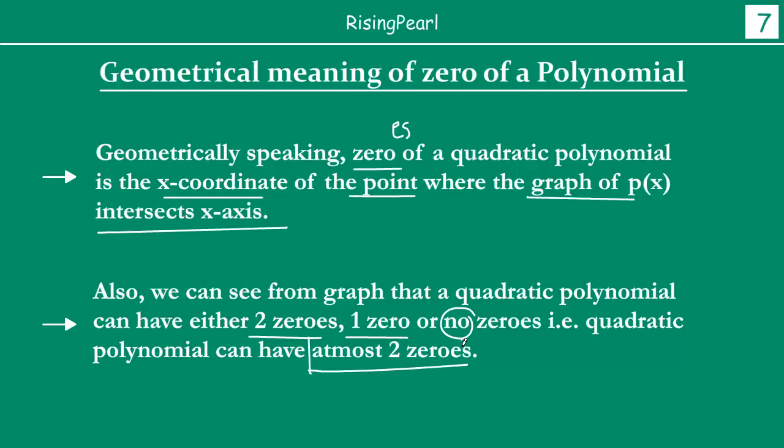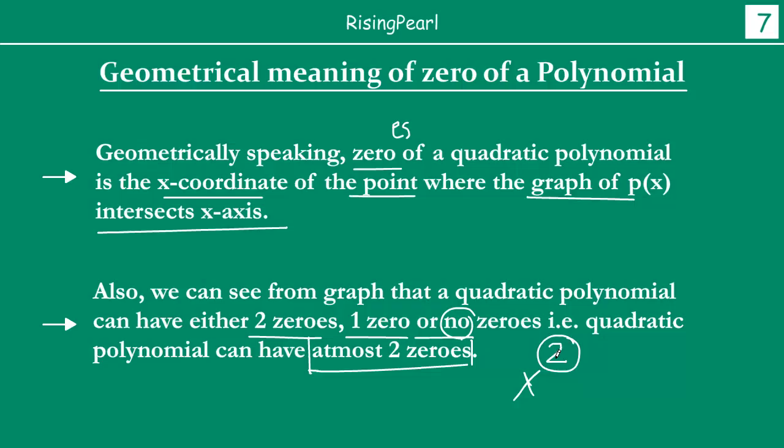This is very, very important, friends, to understand: for a quadratic polynomial, you can have either 2 zeros, or 1 zero, or no zero. So maximum you can have 2 zeros. And this goes to the fact that the degree of a quadratic polynomial is 2, so you can have at most 2 zeros.